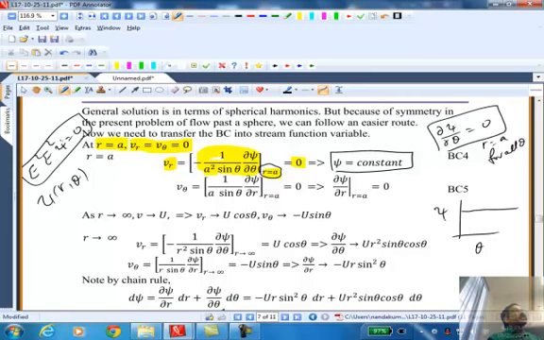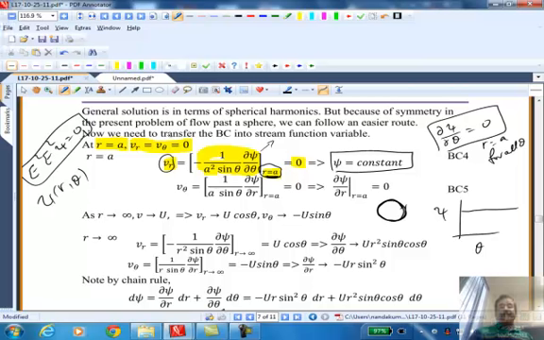But we are now talking about the boundary condition, and that boundary condition is evaluated at r equal to a. So r is no longer a variable. I'm asking what is the value of the stream function on the surface of the sphere. As I go around the sphere surface, the stream function is a constant. That's what we are showing from this boundary condition. If you set the stream function to be a constant, then its derivative with respect to theta will be 0. That means Vr will be 0 on that surface. That's a way of satisfying the impenetrability condition.